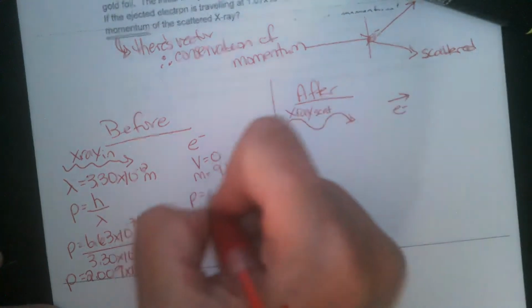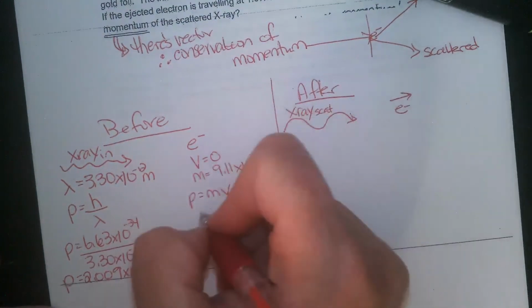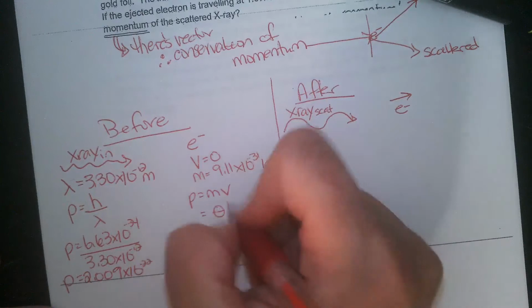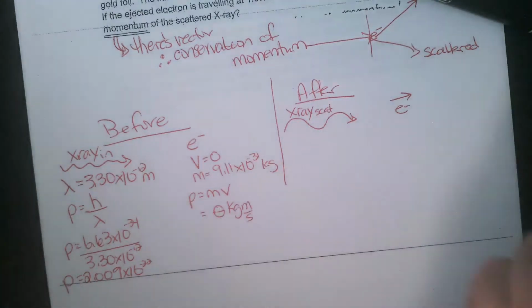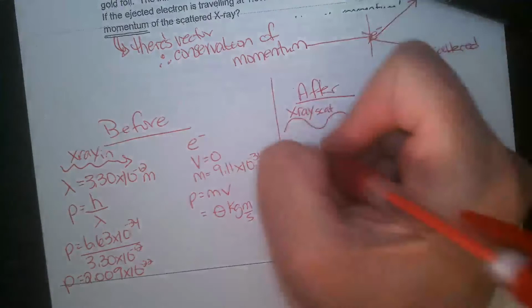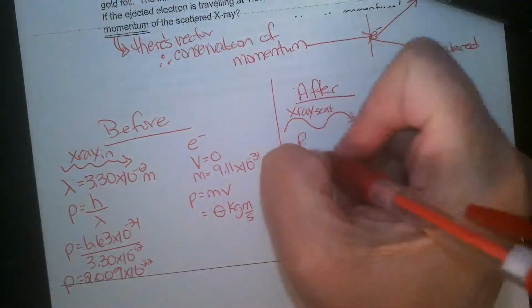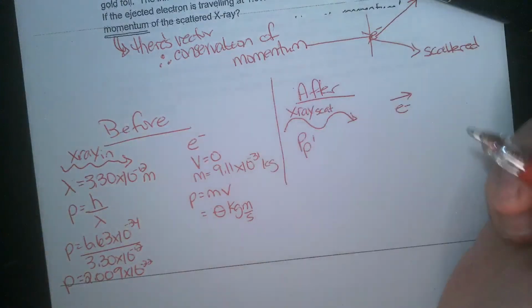When P is equal to mass times velocity, we get a big old 0. Afterwards, this is what we're looking for: P prime of the photon.